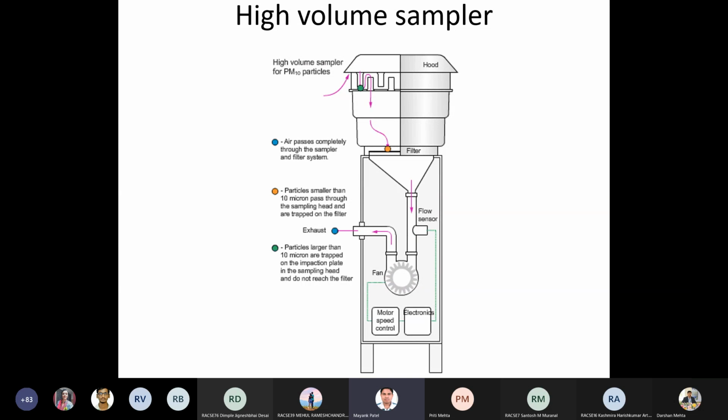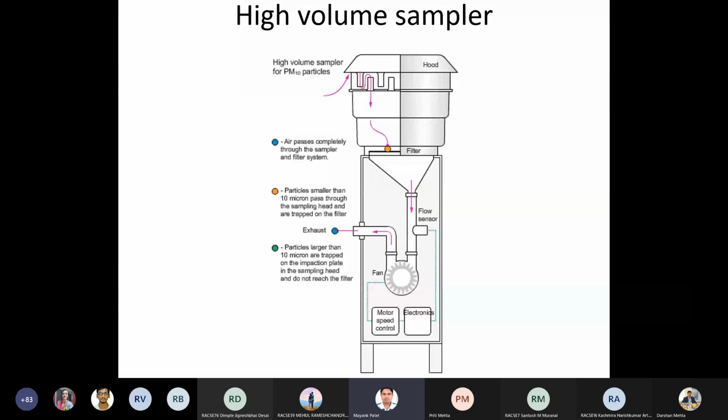You will take out the filter medium and weigh it, and there will be a marginal increase based on the concentration of PM10 dust particles in the surrounding, right. There will be an increase in the filter paper weight, and from that you will come to know the concentration of that particulate matter in that particular surrounding using this high volume sampler, right.